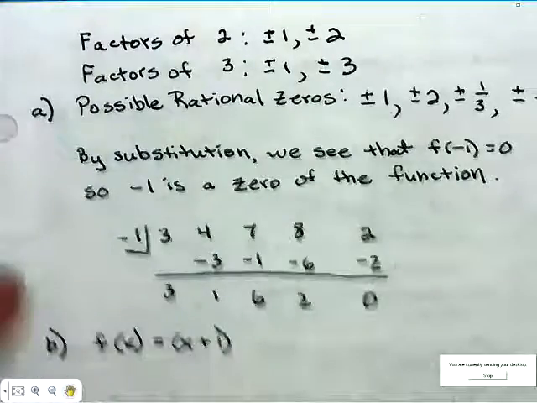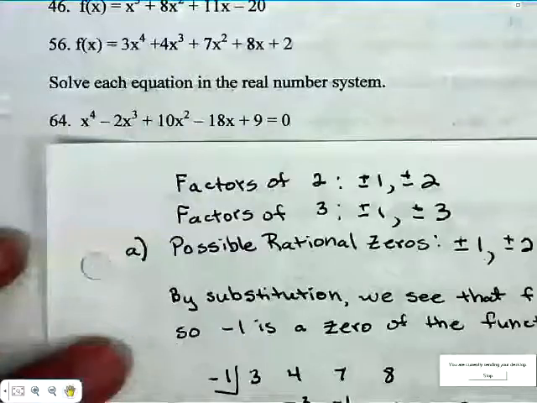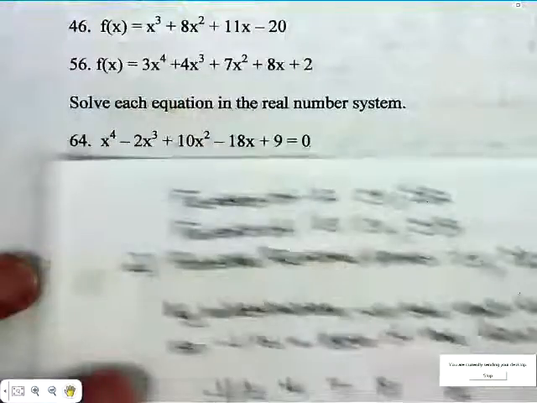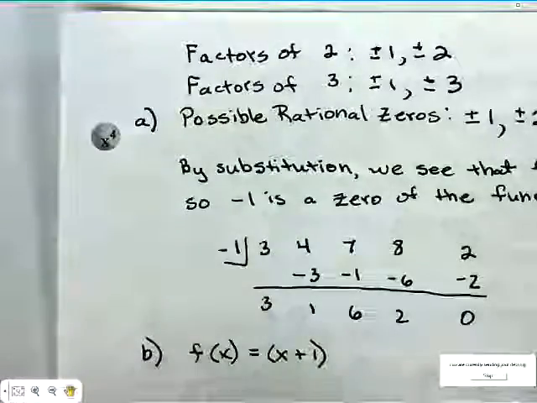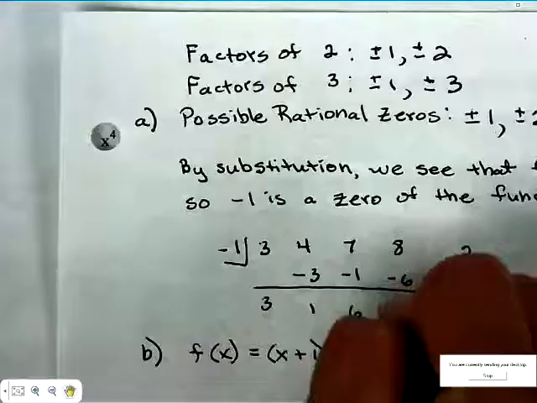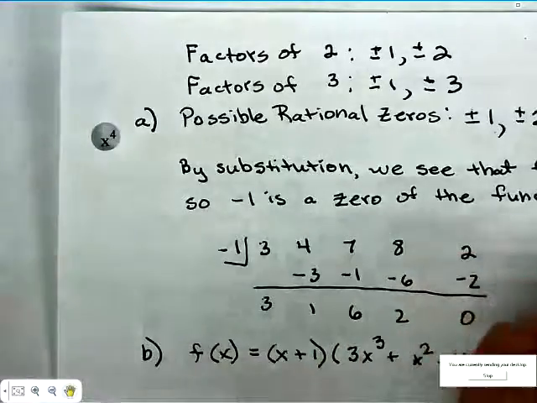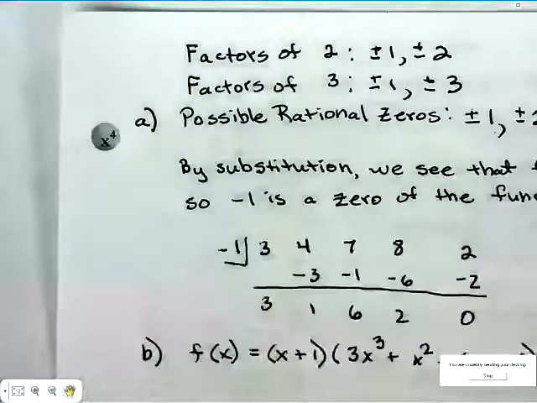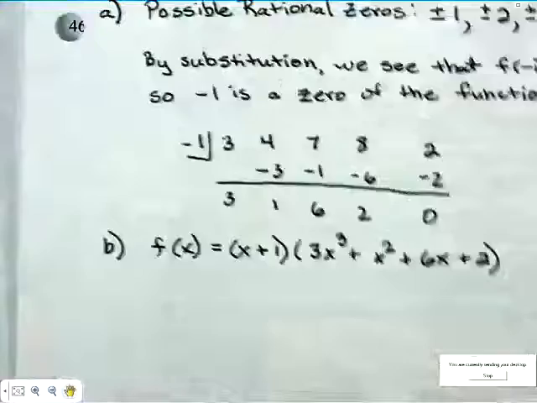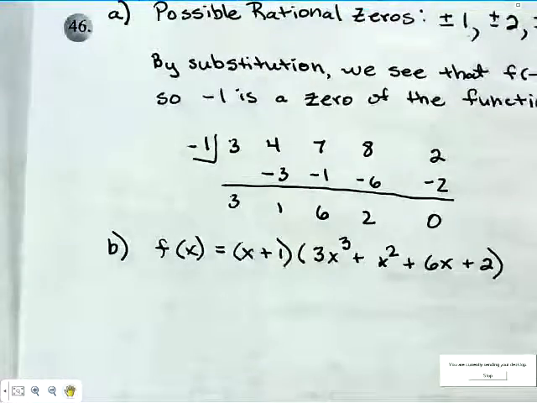Yeah, make sure you realize we started out with a 4th degree function, so synthetic division's only going to get it down to 3rd degree for us. 3x cubed plus 1x squared plus 6x plus 2. But the directions say factor completely. You know what?